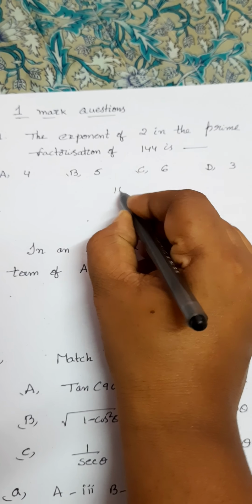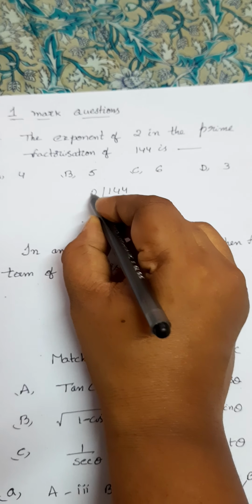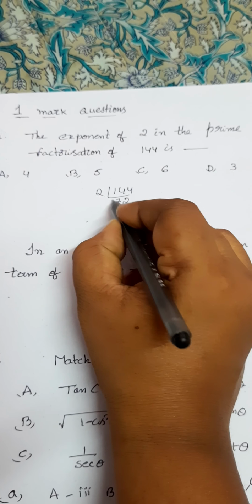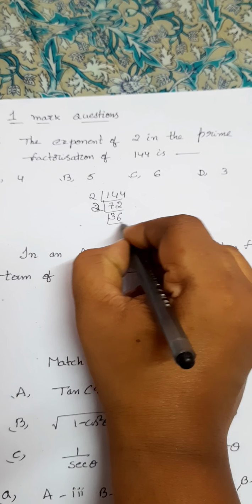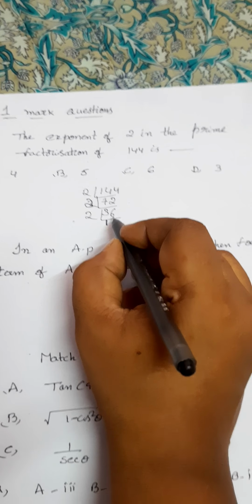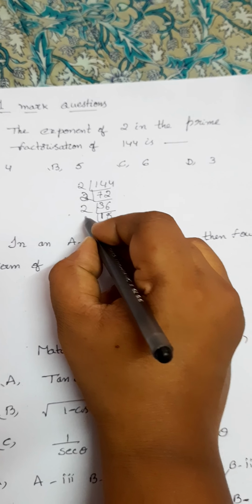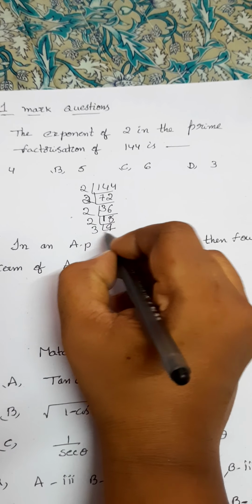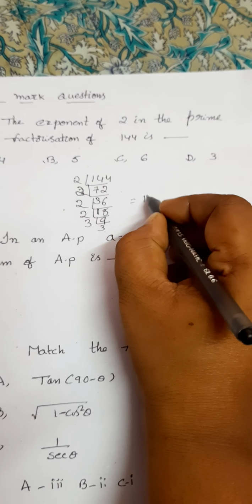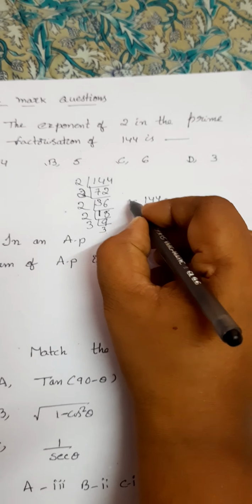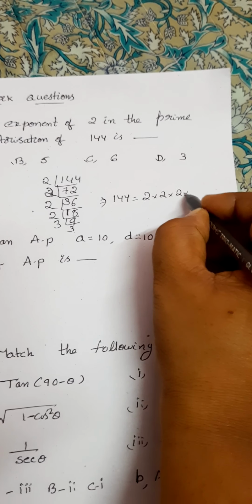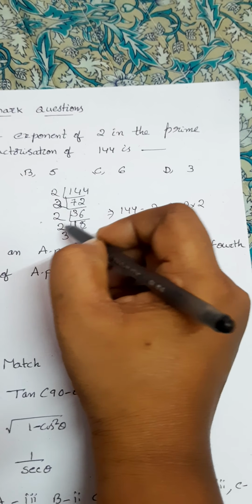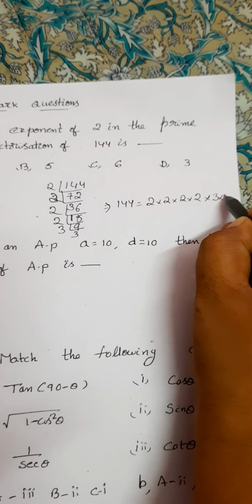First of all, find the prime factorization: 2 7s are 14... 144 is 2 into 2 into 2 into 2, four 2s, and 3 into 3.